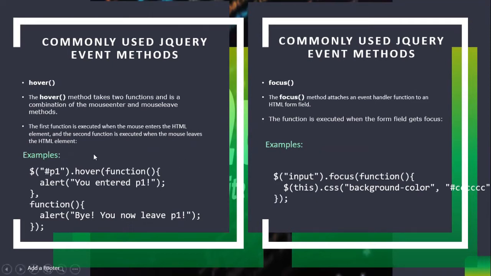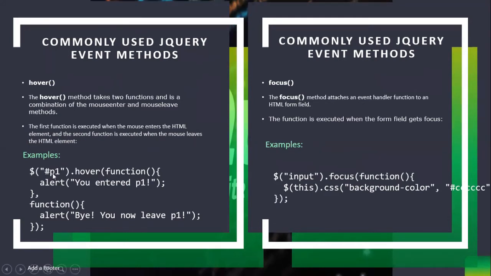So for example, the combination of the two previous methods, mouse enter and mouse leave. So with our P1, instead of mouse enter or mouse leave, let's go into hover.